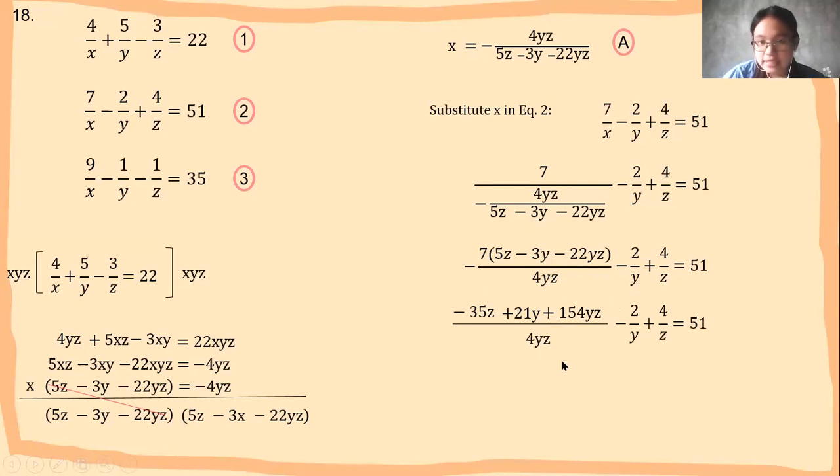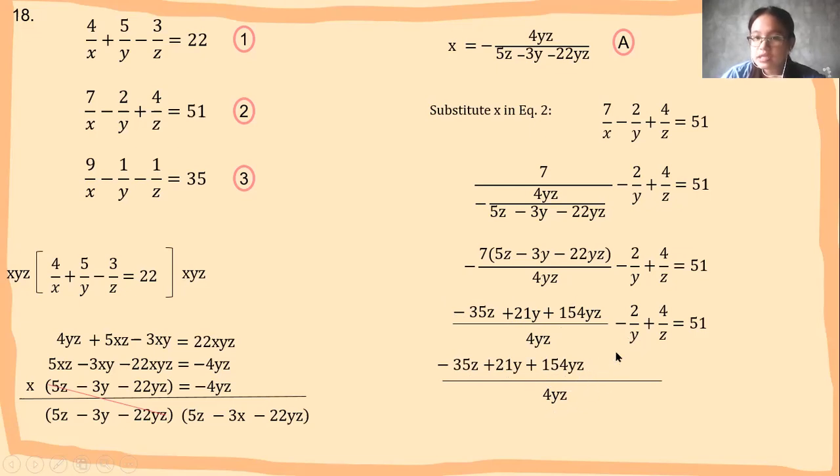So next, let's find the LCD, which is 4yz. So we have 4yz. Since they have the same denominator, let's just copy the terms in the numerator. So we have negative 35z plus 21y plus 154yz.